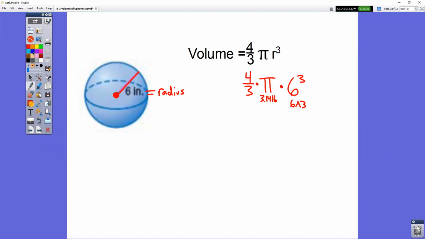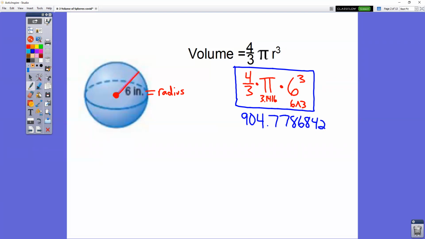So in the questions that you have to round to the nearest tenth, because half of your questions today will be rounded to the nearest tenth, you're going to type in all 3 things right into the calculator. Again, because we're using pi, you're going to get a big, long, ugly decimal, 904.7786842 and so on, because it keeps on going.